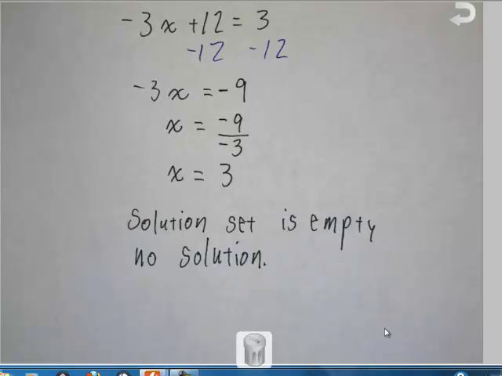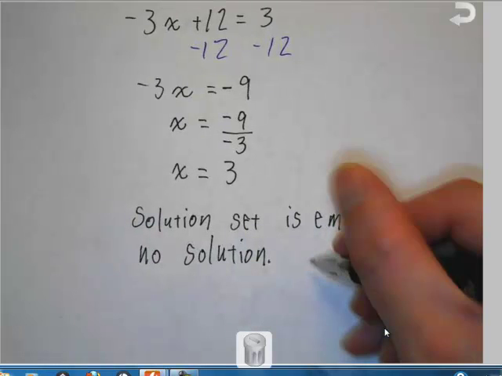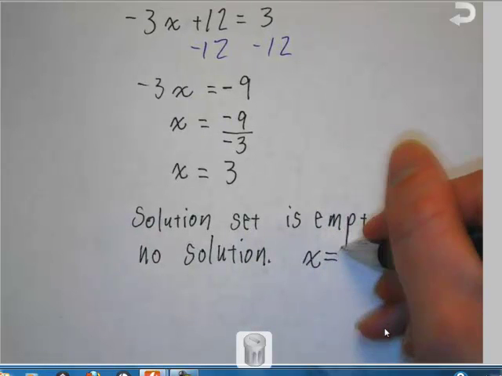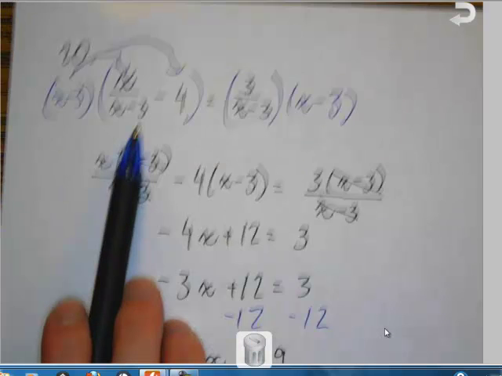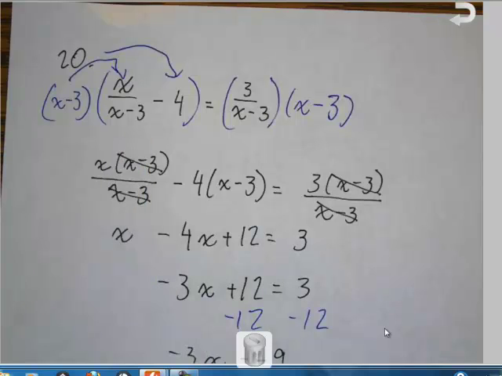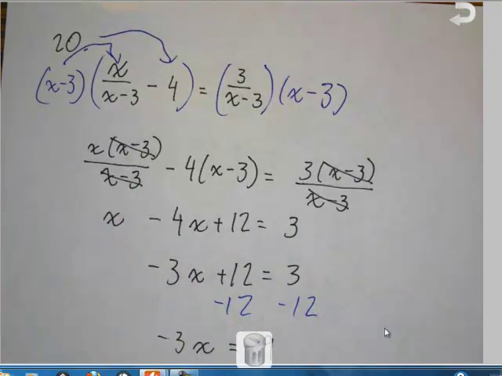There is no solution because x cannot equal 3, because this is a 0 of the original denominator. A little ethereal, but it is important.